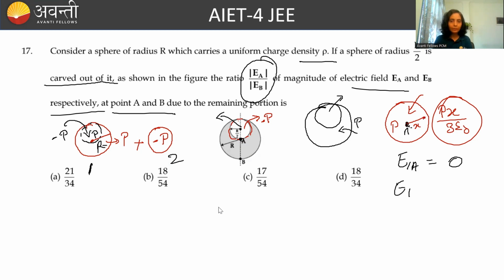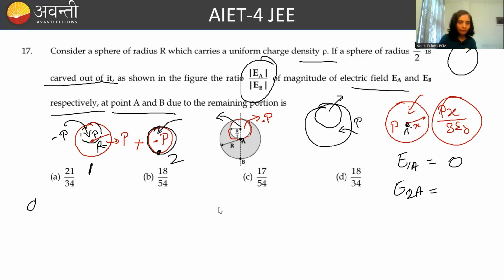Now let's calculate E2A. It will be because of this smaller sphere, and point A is on its periphery, right? Now, what will be the value of charge inside it? Its charge density is rho. Let's say initially the larger sphere had charge Q. What will be the charge in this smaller region?